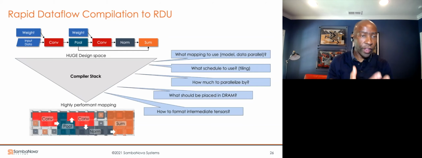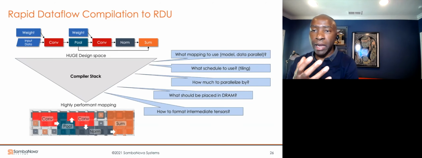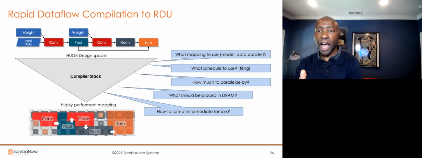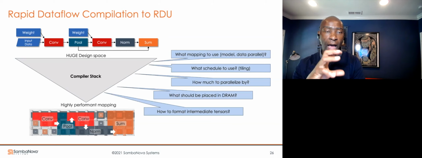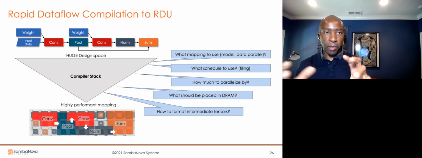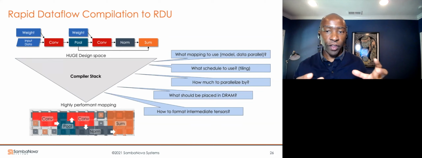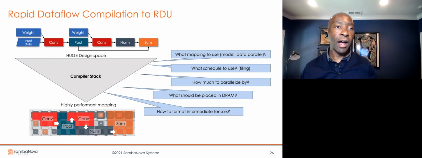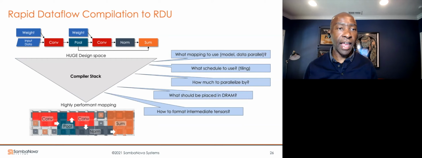And so there are all these decisions that have to be made about how you're going to do the mapping, how much tiling you're going to use, how much parallelization you're going to use, how much memory for the intermediate tensors, and when you access the DRAM. And the compiler makes all these decisions in a pretty optimal way to get you very efficient performance.